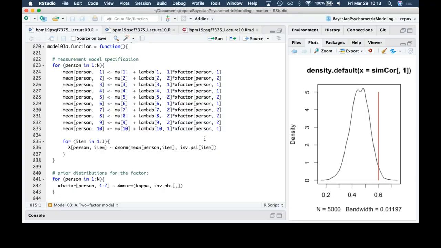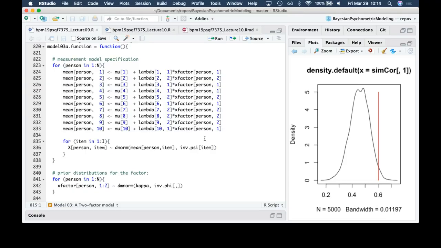I don't want to have to change my options to get it to display all of it, so I put that at the end of the alphabet. So then for item 2, because item 2 is on factor 2, lambda 2 shows up with factor 2. Okay. So this is how it works. Does that make sense? Any questions?